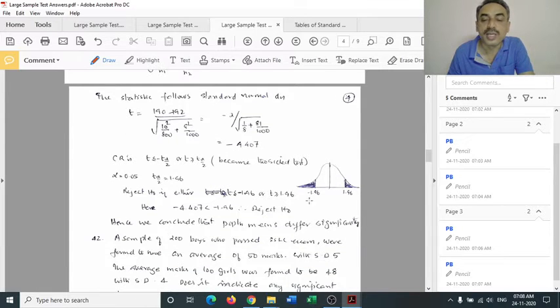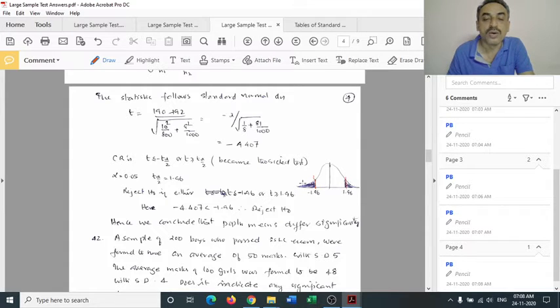And this is a two-sided test. So as before, the critical region will appear on both sides of the standard normal curve. One side is less than minus 1.96, and the other is greater than plus 1.96.